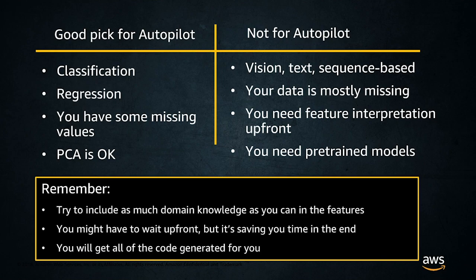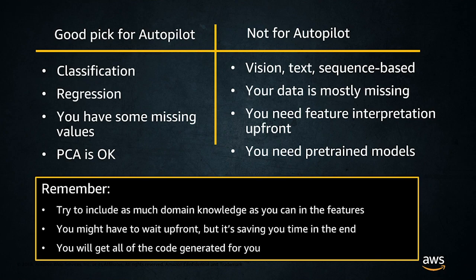And also, you're going to want to pick Autopilot when PCA is okay, which is to say when you're comfortable with a data reduction strategy that's going to start with, say, a couple thousand feature columns, but then actually reduce those down to a smaller width so that it's more amenable to most machine learning algorithms.